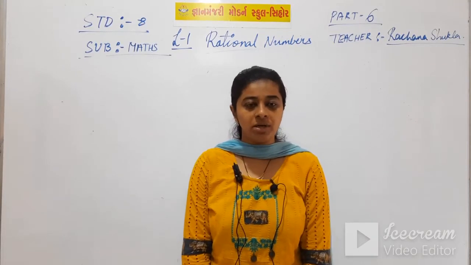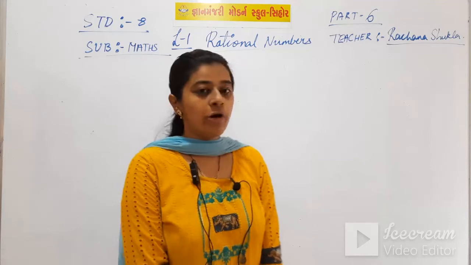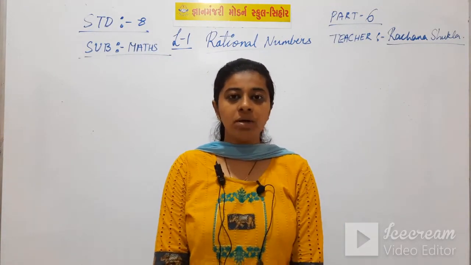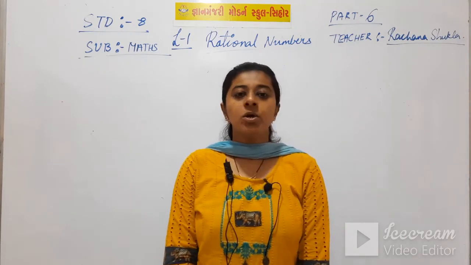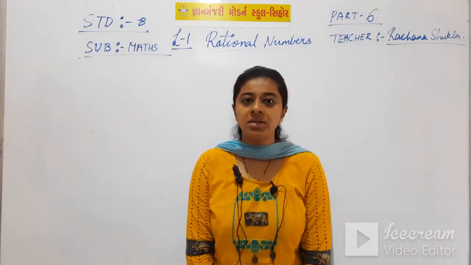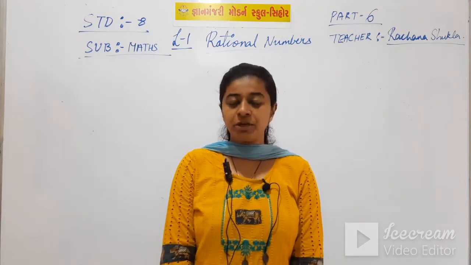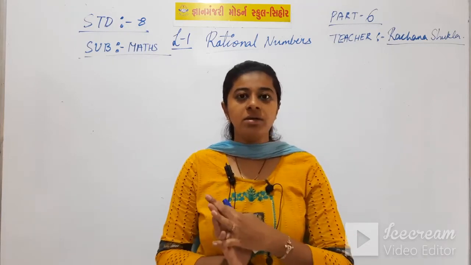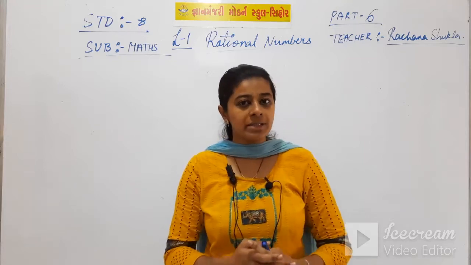Myself, Rachna Shukla, is here with video part 6 of subject maths, standard 8, and lesson number 1, rational number. In the first 5 parts, we studied about rational numbers, addition of rational numbers, subtraction of rational numbers, and arranging rational numbers in ascending order, descending order, and finding out the greater or the smaller rational number.